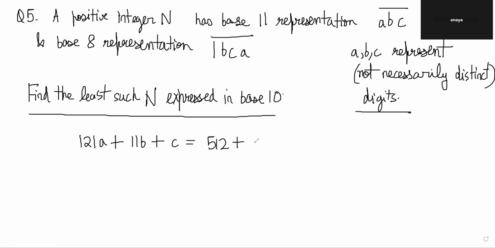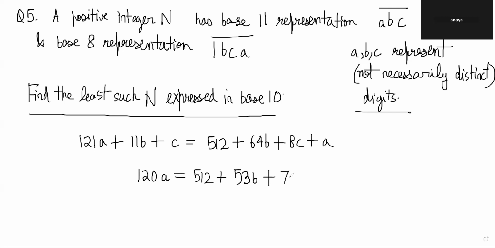We know A has to be less than 8 because it's written in base 8. And 120A has to be greater than 512, because you have 120A minus 53B minus 7C.